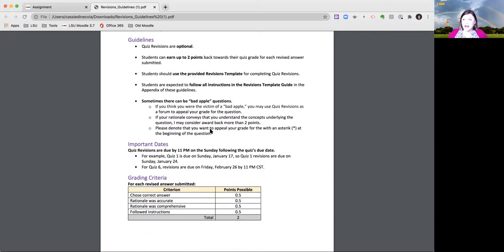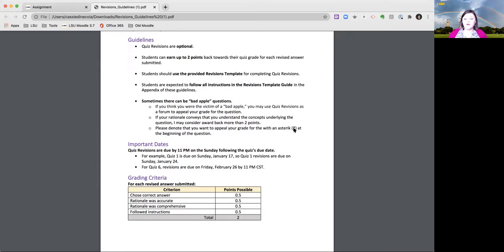Sometimes there are bad apple questions, like I mentioned. If you think you were the victim of a bad apple question, then I want you to do all of the same things that you would for any quiz revision, but I also want you to put an asterisk by it so I know that that's one that you're wanting consideration for.